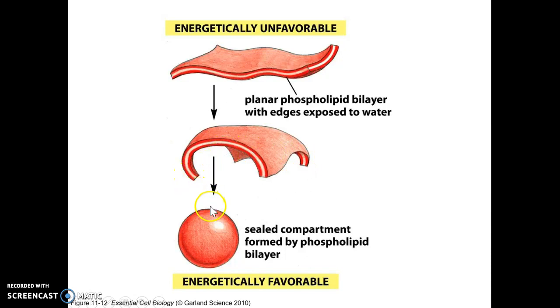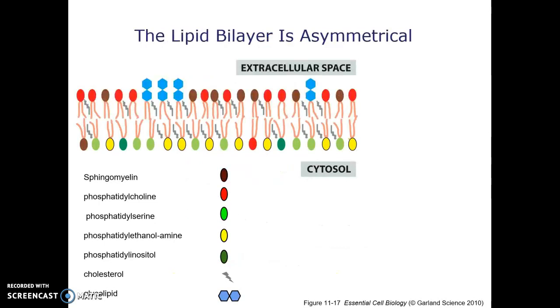And so the energetically favorable conformation is going to be a spherical bilayer, and then you won't have any lipids exposed to water, and only the polar things will be exposed to water.